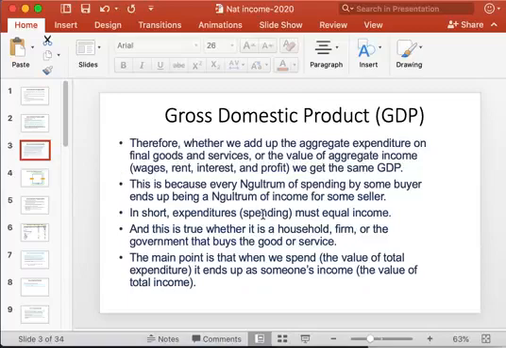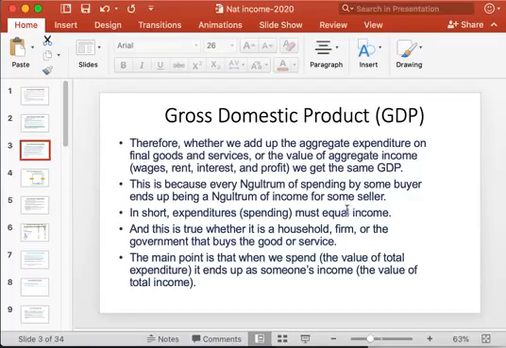Therefore, whether we add up the aggregate expenditure on final goods and services or the value of aggregate income, for example, wages, rent, interest, and profit, we get the same GDP. Again, as mentioned before, this is because every Newton of spending by some buyer ends up being a Newton of income for some seller.